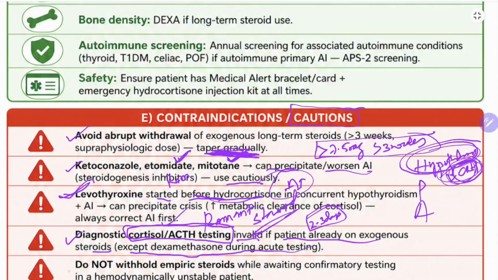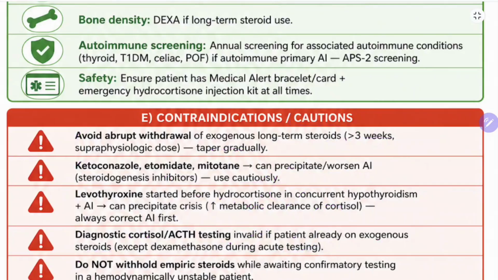Do not withhold empiric steroids while awaiting confirmatory testing in a hemodynamically unstable patient. So these are the cautions: abrupt withdrawal should not be done, these drugs, levothyroxine replacement, cortisol and ACTH testing, and empiric steroids. Okay.